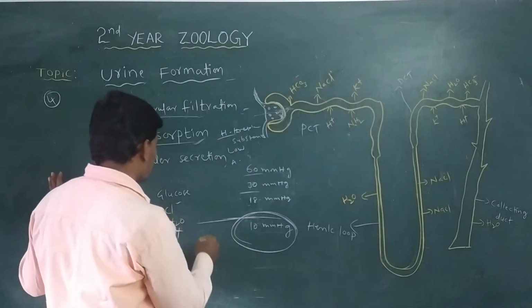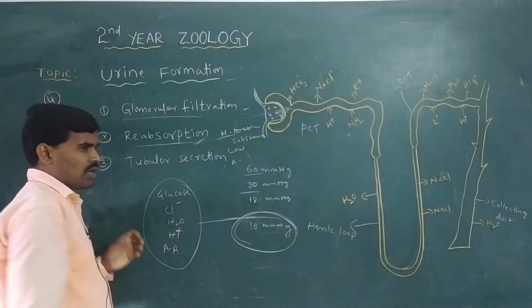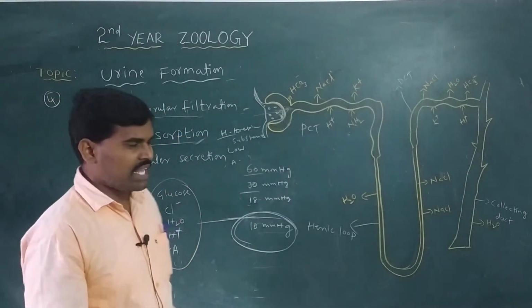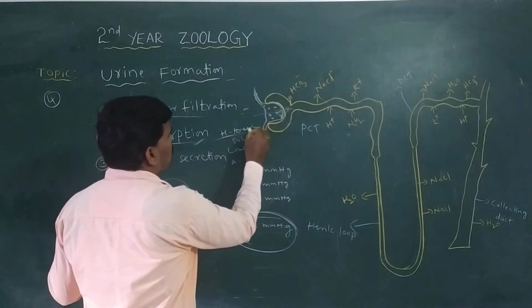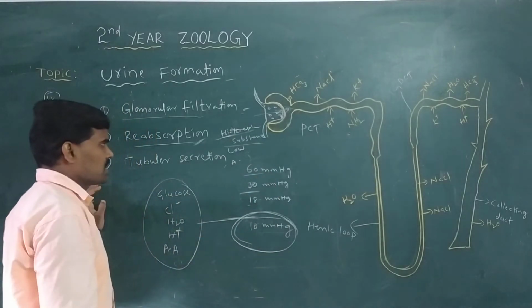The first kind of reabsorption involves highly important nutrients, called high threshold substances. Then there are low threshold substances.